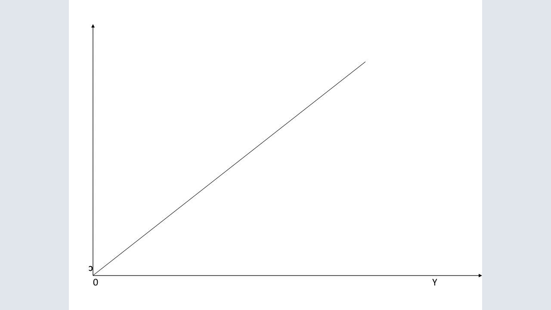Then we'll have consumption as a function of income. Now this is the consumption function. So the consumption function is a function of what? Income.